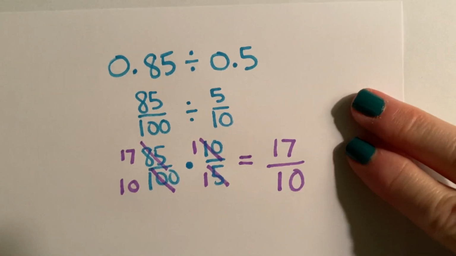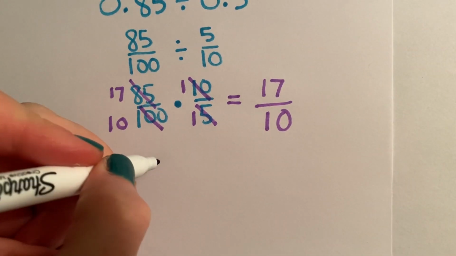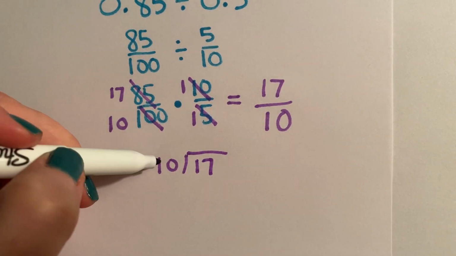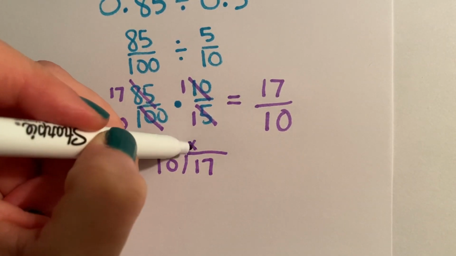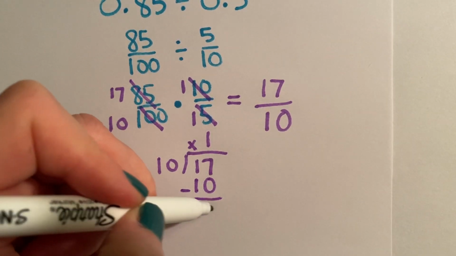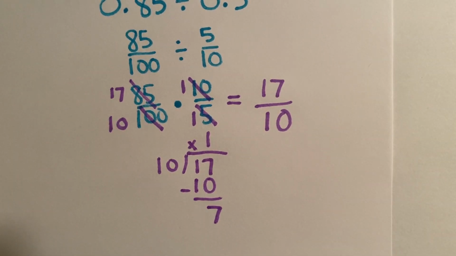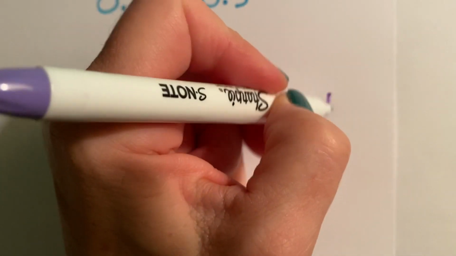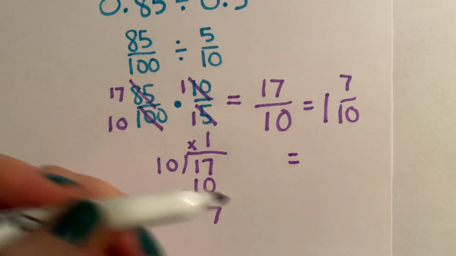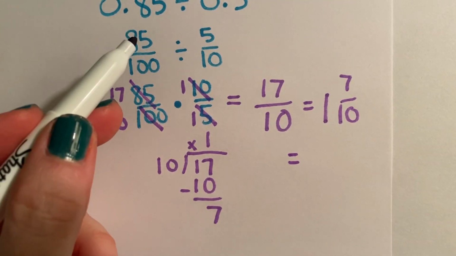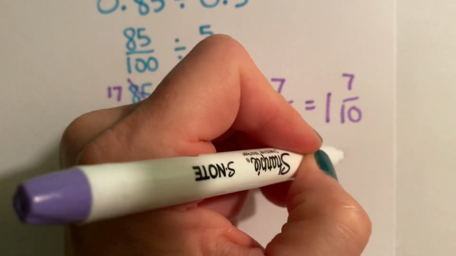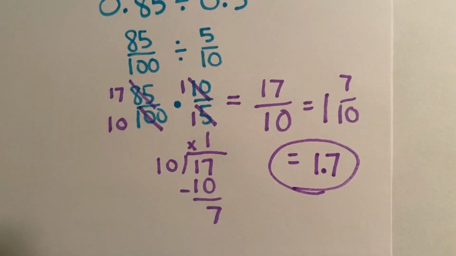You can do it in your head too, but if you don't know how to do that in your head just now, 10 fits into 17 just once. 1 times 10 is 10, and we subtract and get 7. So this would be 1 and 7/10. And then we'll give back what they gave us, which was decimals. So 1 and 7/10 would be 1.7. Final answer.